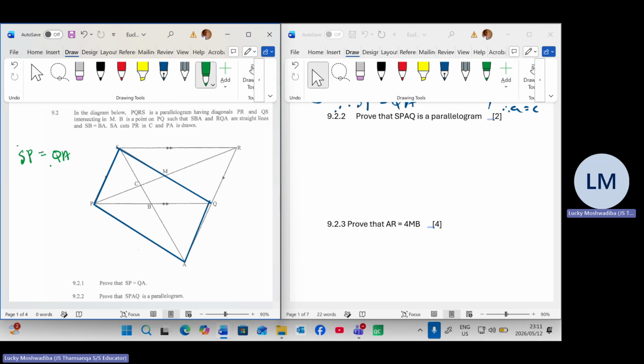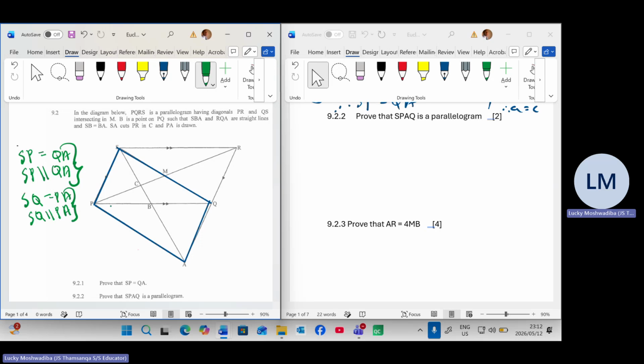So case one here is that if we can show that SP is equal to QA and that SP is also parallel to QA, if we can show this property, we will have successfully answered the question. The second property is that if we can show that SQ is equal to PA, and that SQ is also parallel to PA, that is the second property.